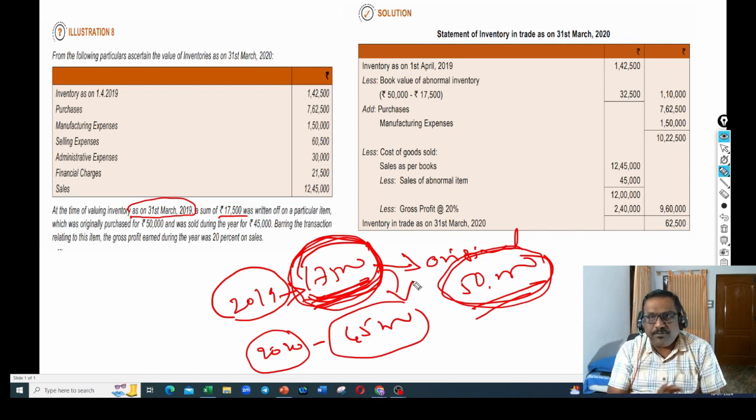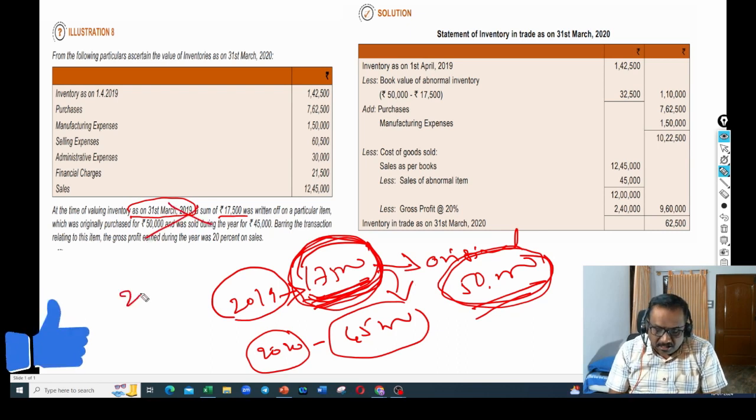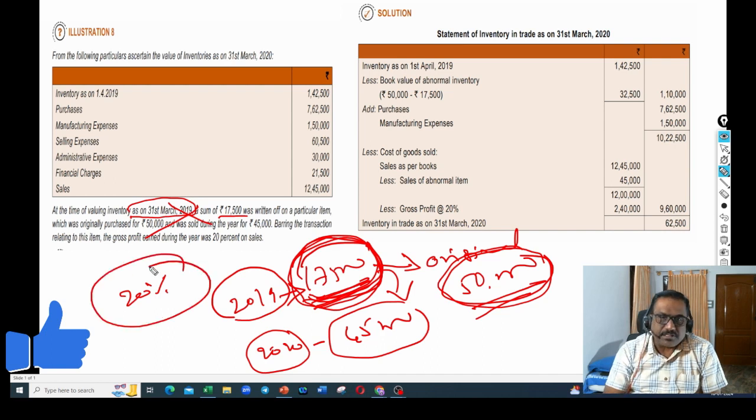If you read the next line, you will understand why this story has been explained in the problem. Barring the transaction relating to this item, the gross profit earned during the year was 20% on the sales. In the sense, without considering this transaction, their gross profit margin is 20%.